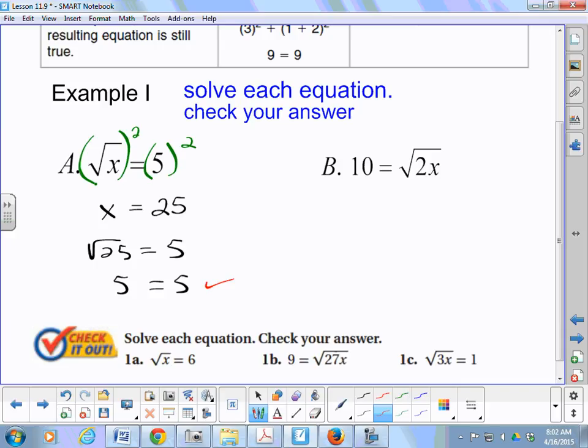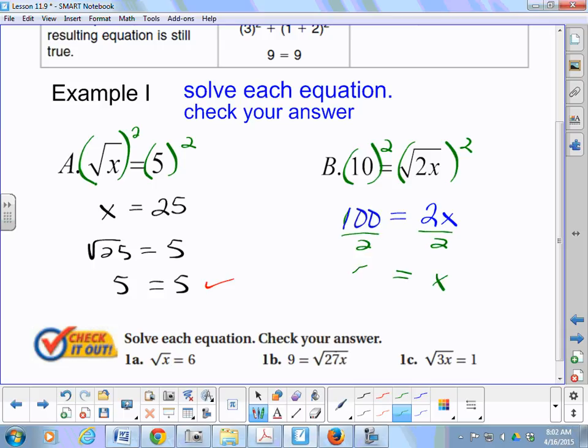So letter B, we have just a radical here, number over here, so we're going to square both sides. So you get 100 equals 2x. Divide by 2, x equals 50.